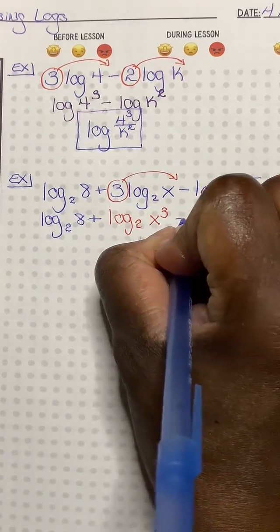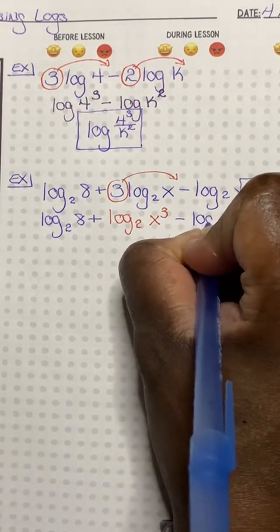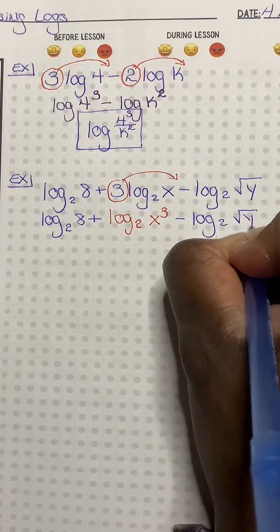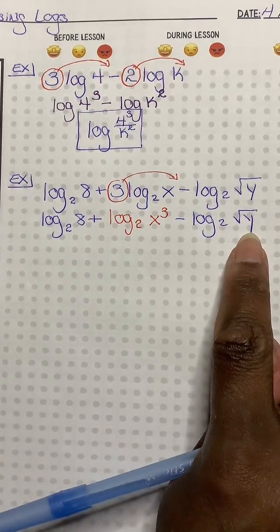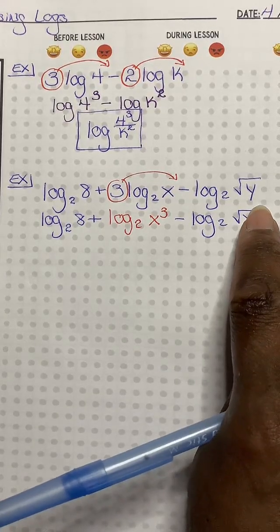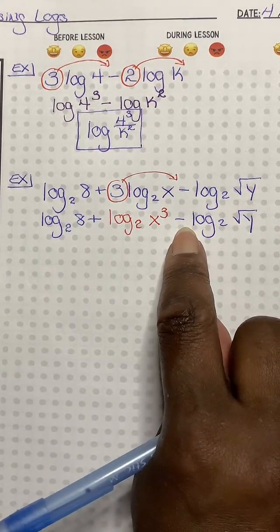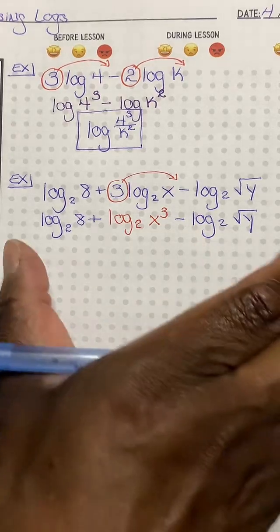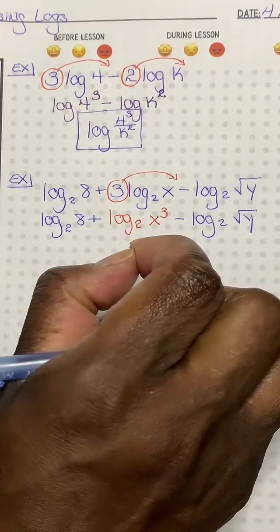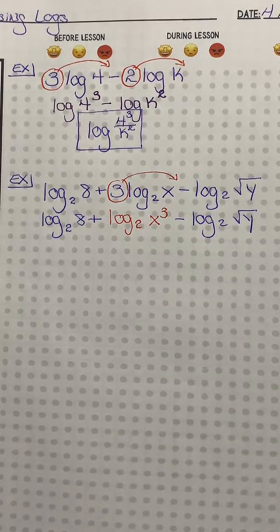Then I have minus log base 2 square root of y. So I don't have to convert the square root of y because I'm not going to take that exponent and put it in front. Because I'm condensing, okay? I'm not expanding. I'm going to condense. Sometimes some of the rules that we're used to are kind of hard to break.